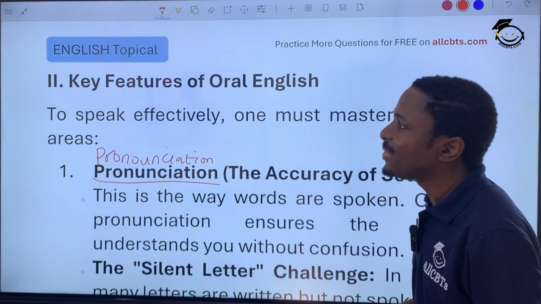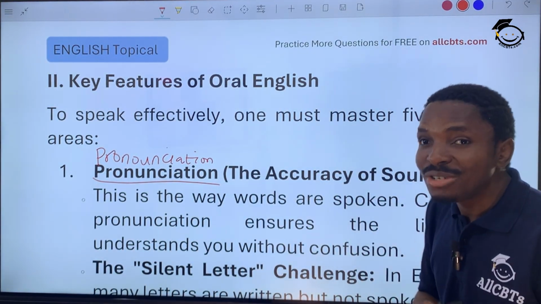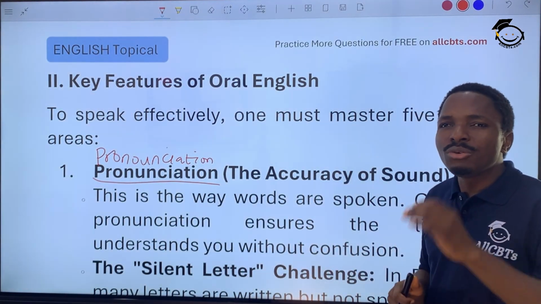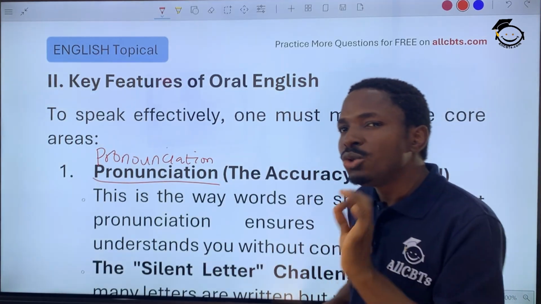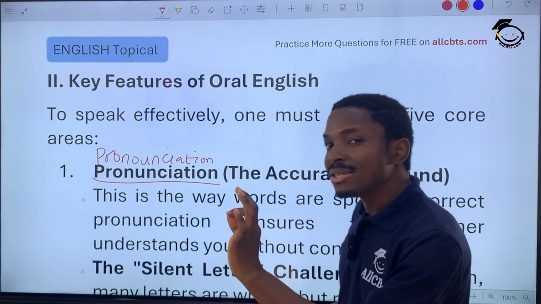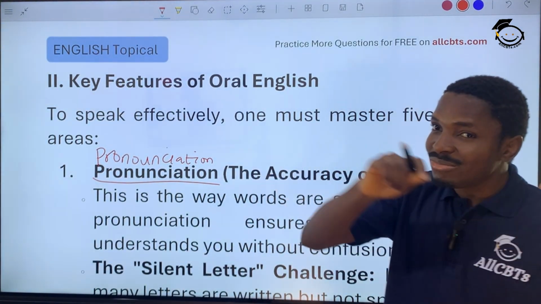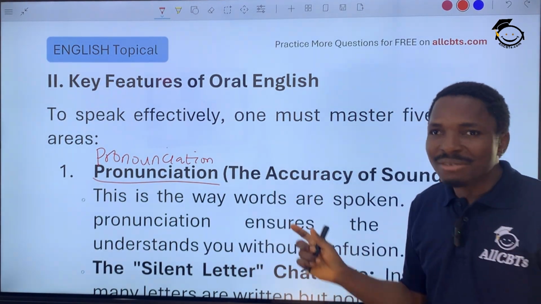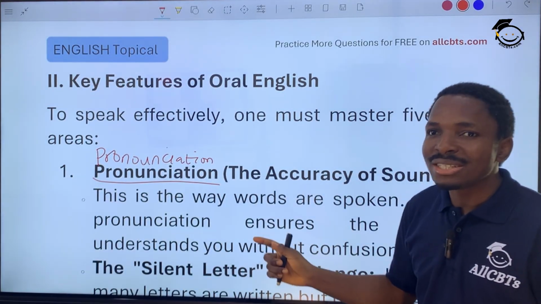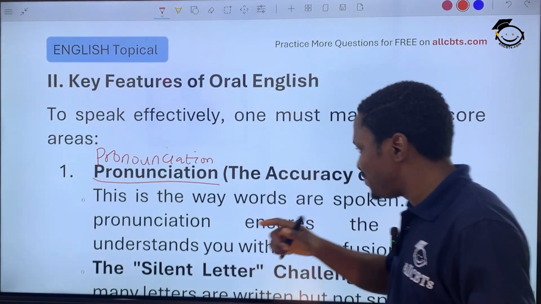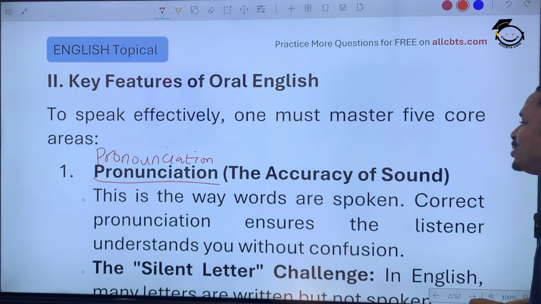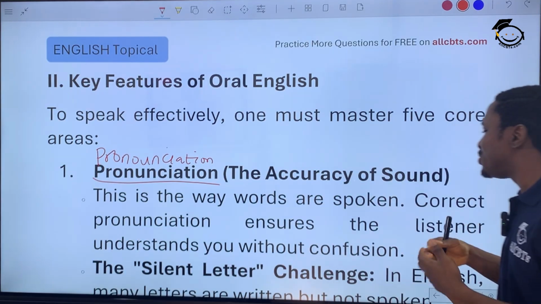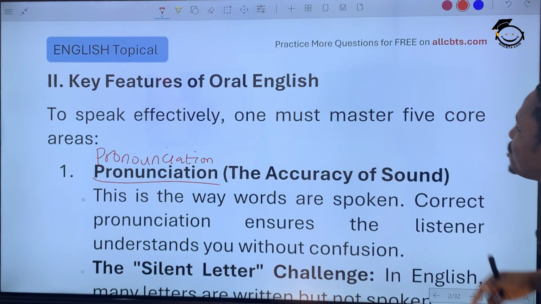So you see that this is a key feature in oral English, the way you pronounce words. If you don't know how to pronounce words well, you wouldn't even know where the stress is or which words in a line have the correct emphasis, and so it will cost you marks. We'll get there. Correct pronunciation ensures the listener understands you without confusion.